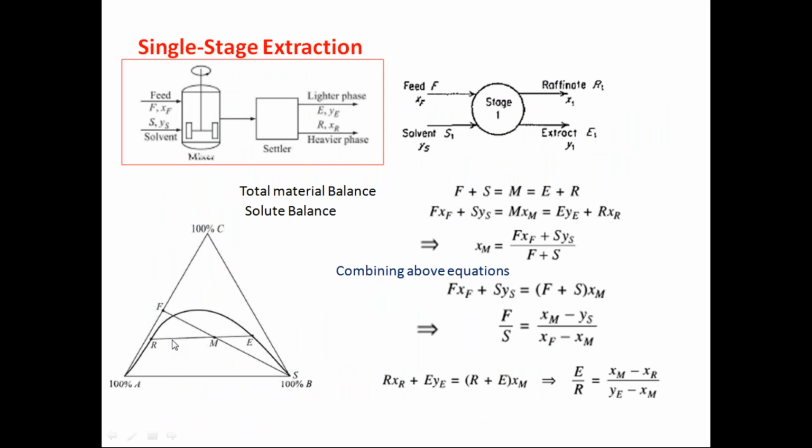So you have to draw the tie line very carefully by seeing the different tie line trends. You have a number of tie lines. So RE is the tie line. You have to have a skill of drawing these tie lines. Draw the RE tie line, then you will get the YE here.